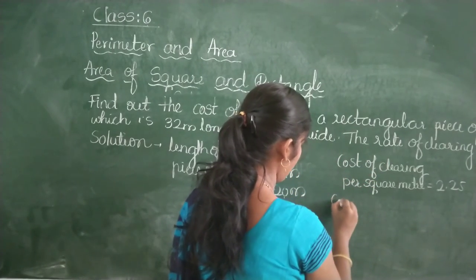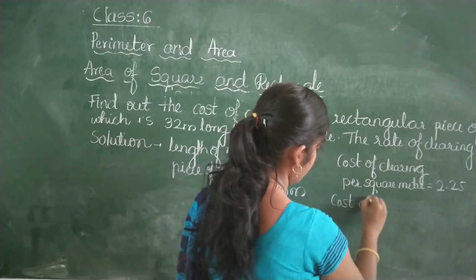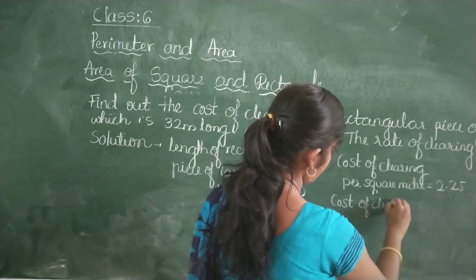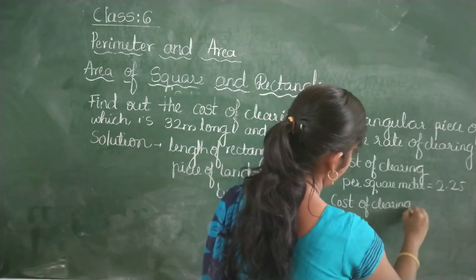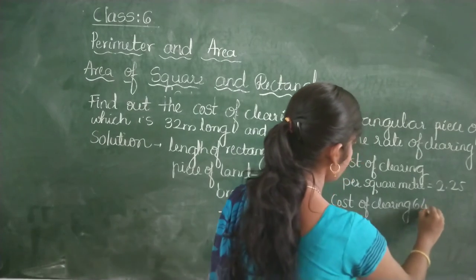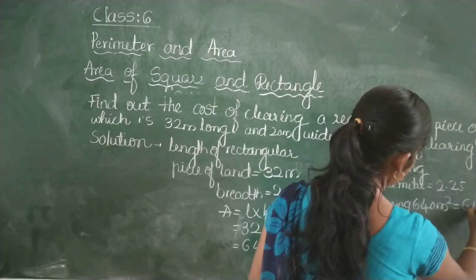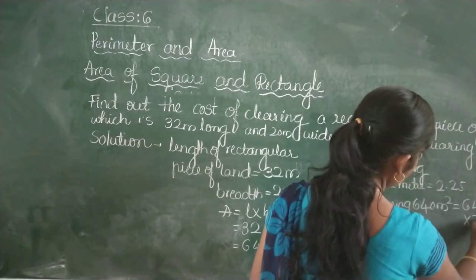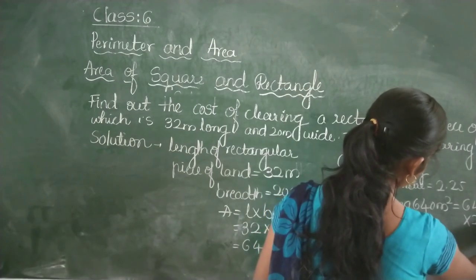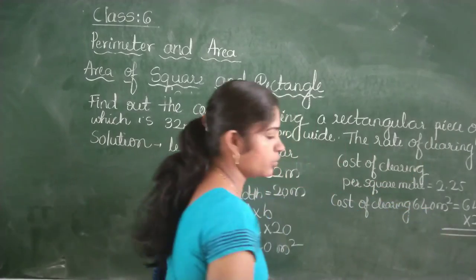Then therefore the cost of clearing 640 meter square is equal to 640 into 2.25 rupees. After multiplying you come to know.